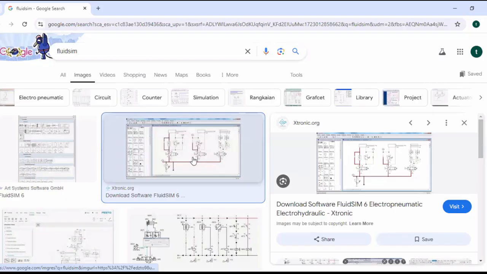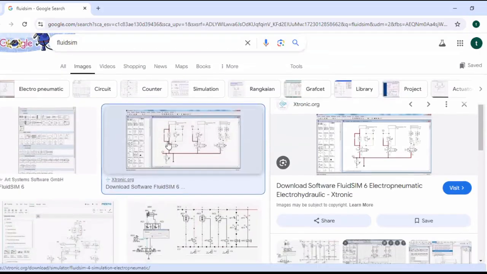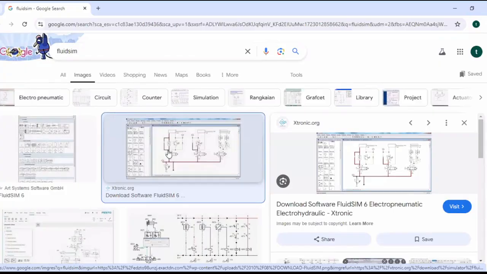Using this one, you can design your fluid system. If you want to design a hydraulic system, you can design it. If you want to design a pneumatic system, you can design it using Fluid Sim.